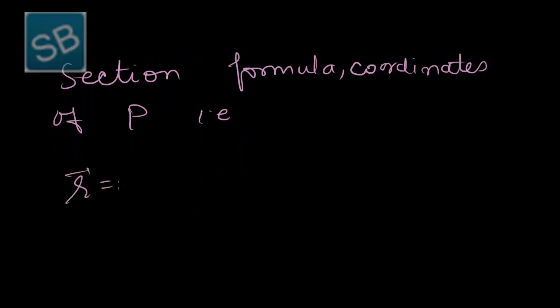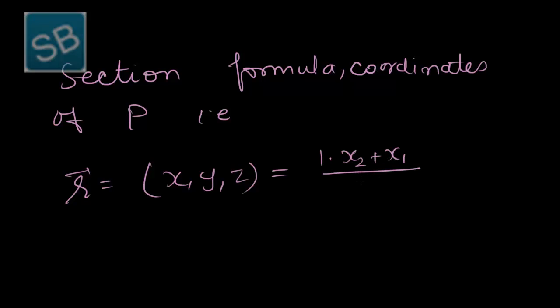vector R, which is equal to xyz, which is equal to lambda times x2, that is, if we suppose it is divided from side A, then it becomes lambda times x2, that is 1 times x2 plus x1 over lambda plus 1, that is 1 plus 1.